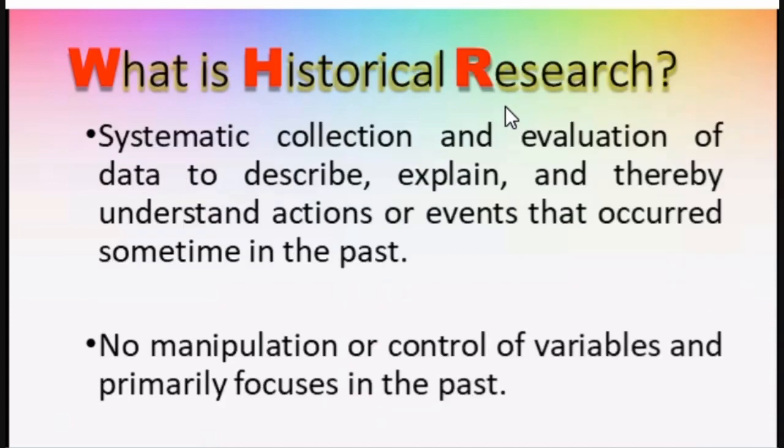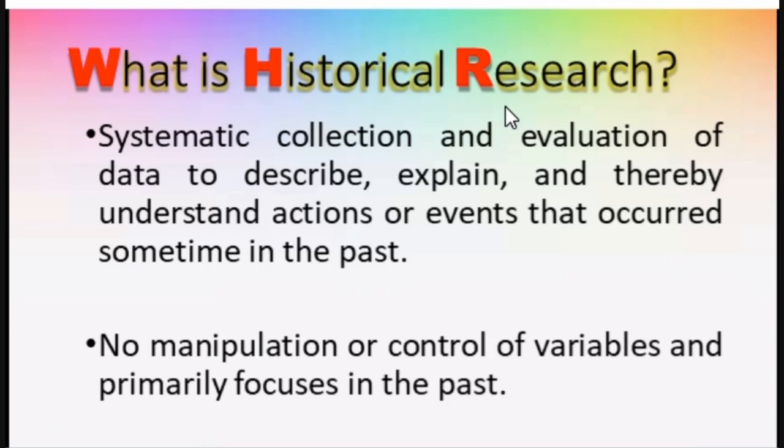So coming to historical research. So what do you mean by historical research actually? So we know what is history and what is historical research. It is systematic. I have told you what is the meaning of systematic and scientific. Systematic and scientific in the sense that it is a step-by-step procedure. Okay, it is not just going through; you have to go from step 1 to the last step, right?